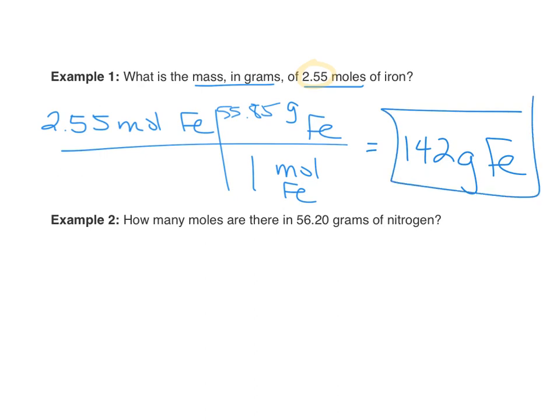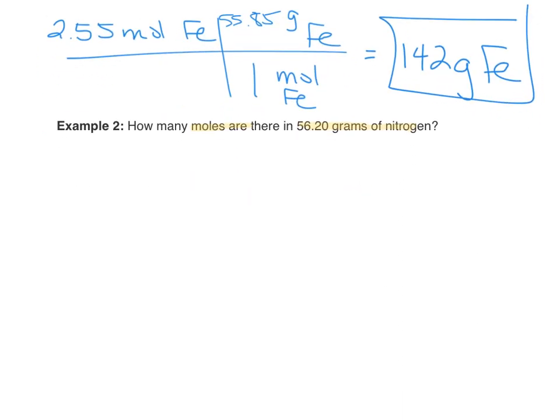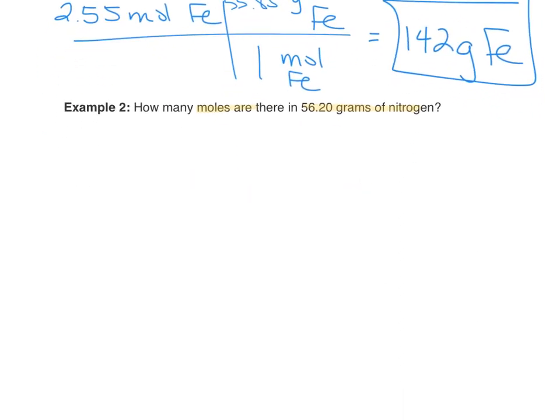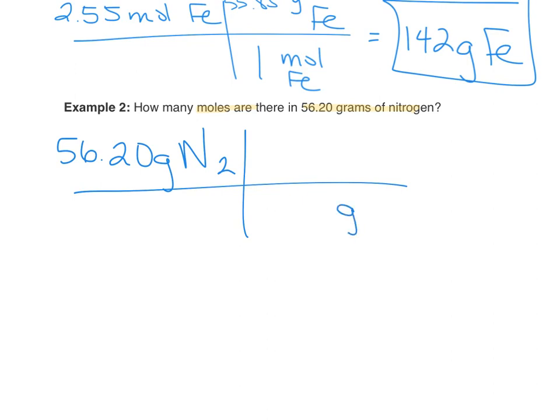Next, the next problem, we're trying to find moles and we're given grams of nitrogen. So this one's actually going to be going the opposite direction. Here we're going to start with our given of 56.20 grams of nitrogen, heads up, diatomic. Cancel out my grams, and we need to get it to moles.